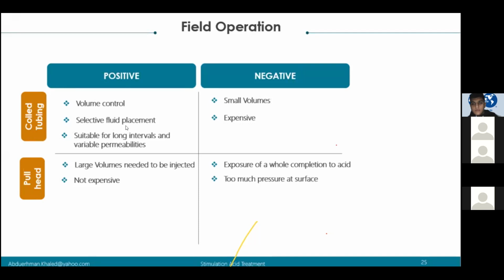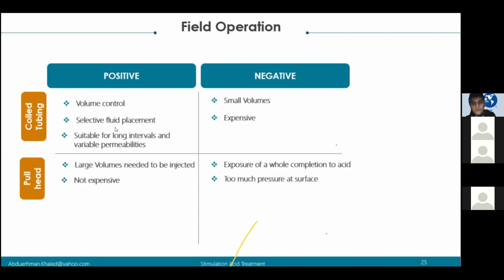Another positive thing is that you can select the interval you want to stimulate.